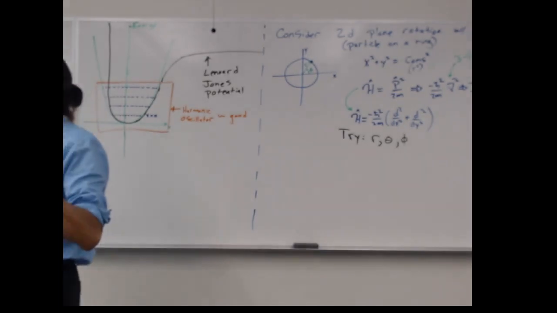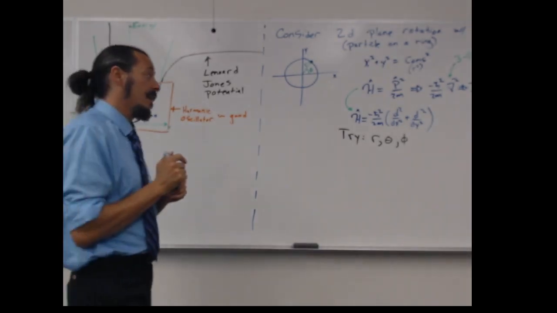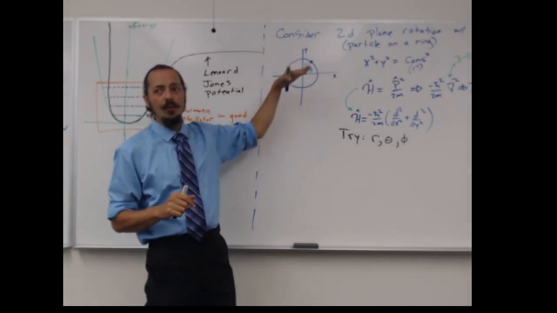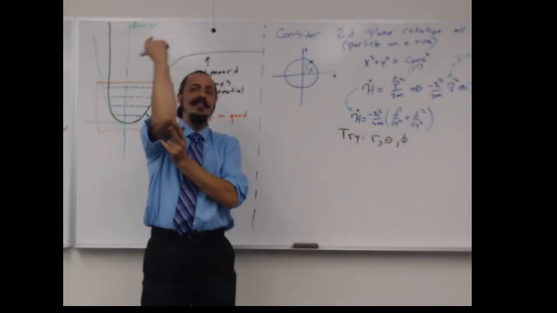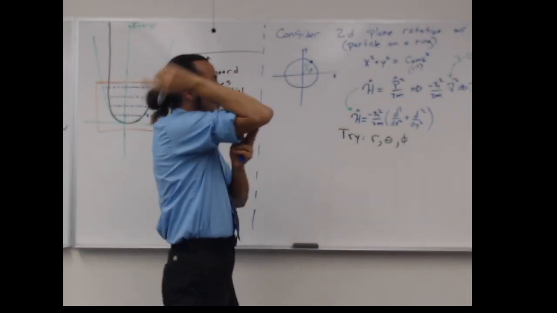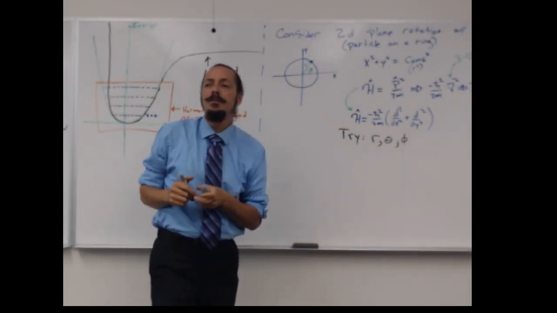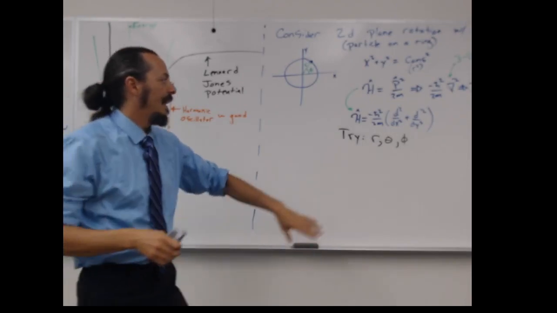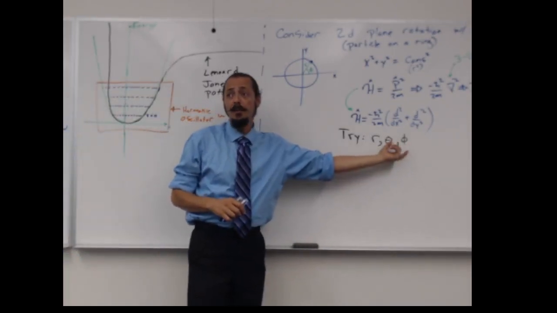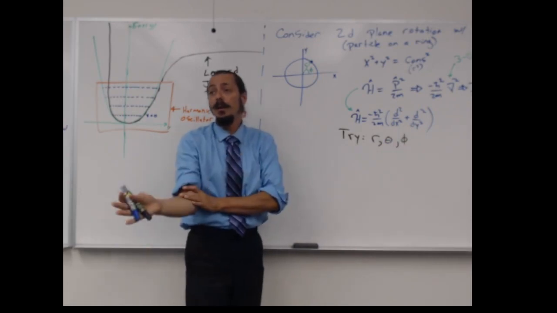Careful with which classes you've taken this. I'm using phi as the angle in the xy plane and theta as the angle from the z axis through to the x-z plane. So depending on which class you use, theta and phi get defined different ways. Some people like to use theta as the one for the xy plane.